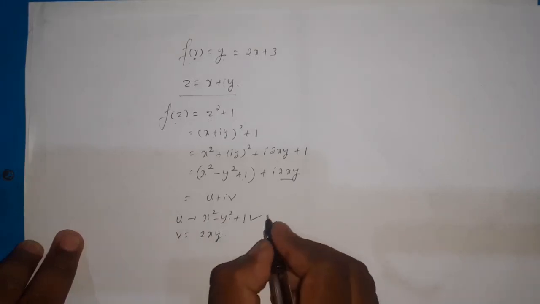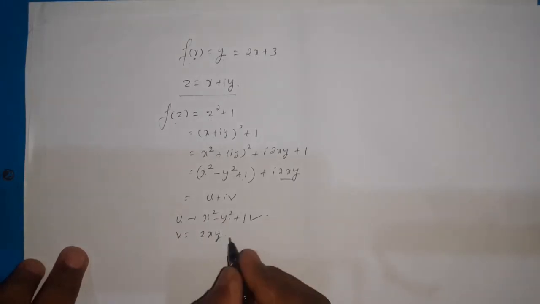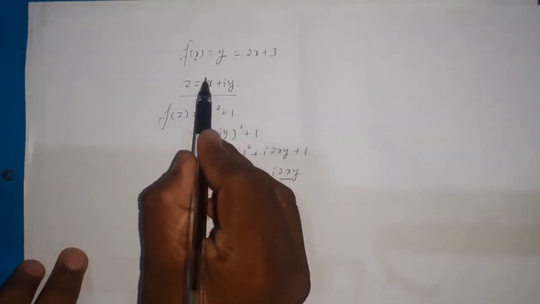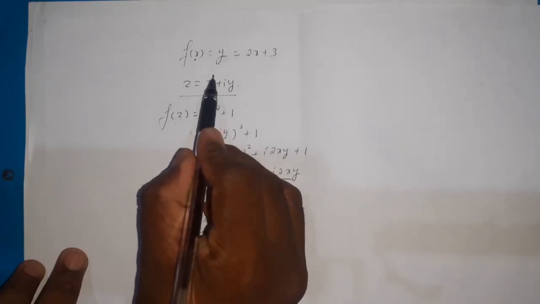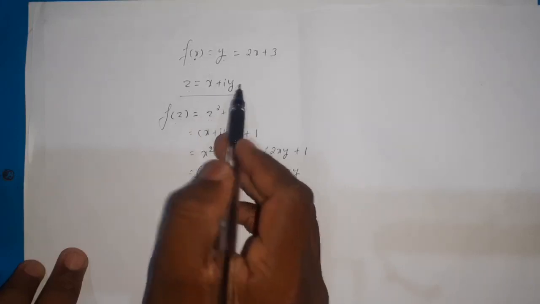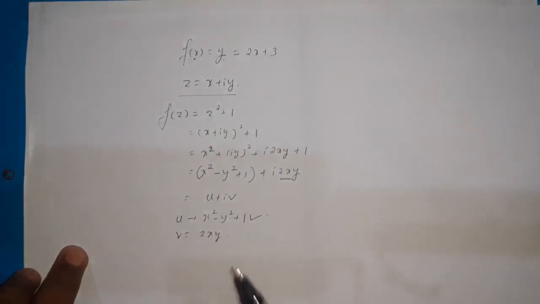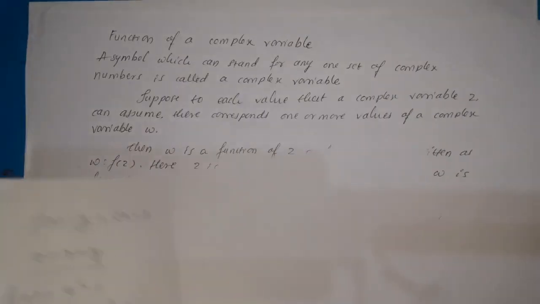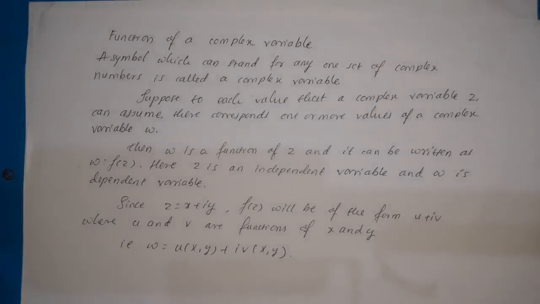Meaning the real part is also a function of x and y, and the imaginary part is also a function of x and y. But in the case of z equal to x plus iy, x is the real part and y is the imaginary part. But in the case of a function of a complex variable, both real and imaginary parts are functions of x and y.